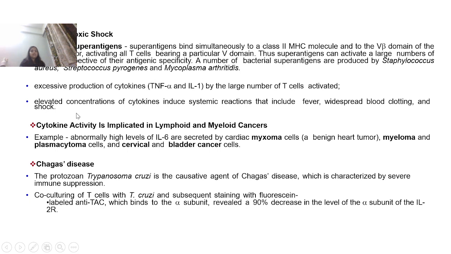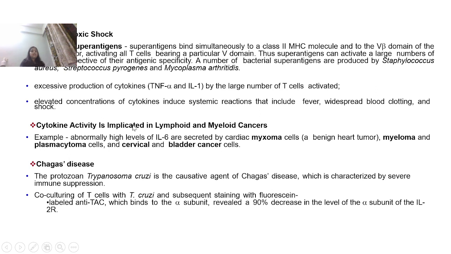The elevated concentration of cytokines induces systemic reactions that include fever, blood clotting, and shock. So this is a very bad disease. Both septic shock and toxic shock spread very quickly and can lead to death if unnoticed.